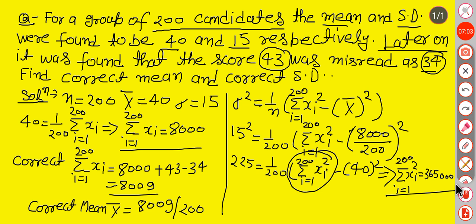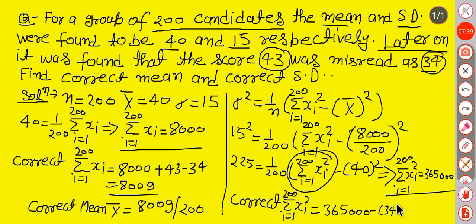You will subtract the square of the incorrect value and add the square of the correct value. That means the correct summation xi whole square is the incorrect 365000 minus 34 whole square plus 43 whole square.